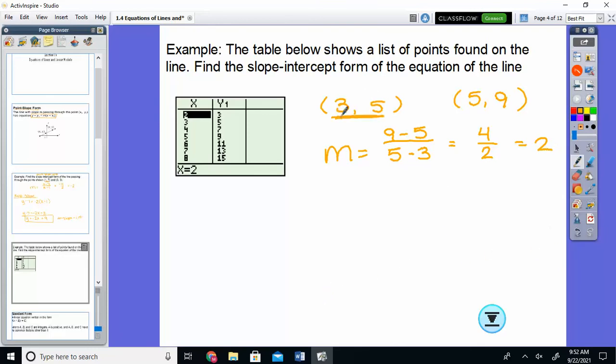Then you need to take one of your points and your slope. You can use the point slope form, or you can just plug directly into y equals mx plus b, which I think is how you guys typically did it. So the y value is 5, your m is 2, x is 3, plus b.